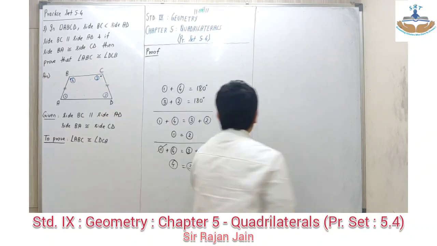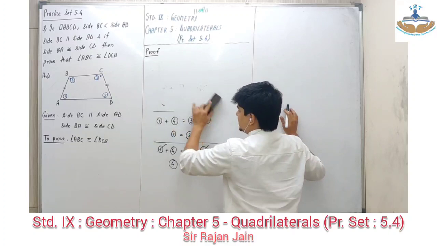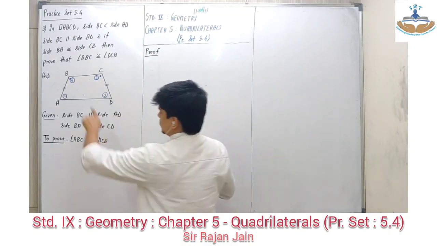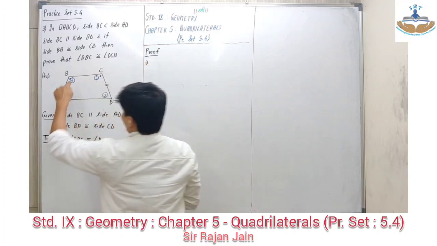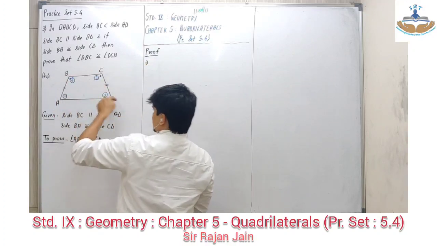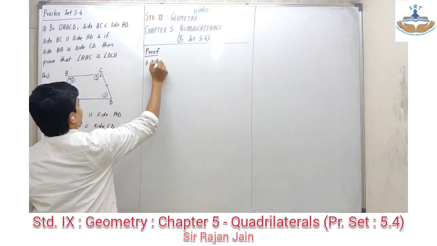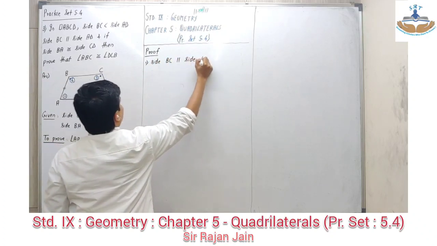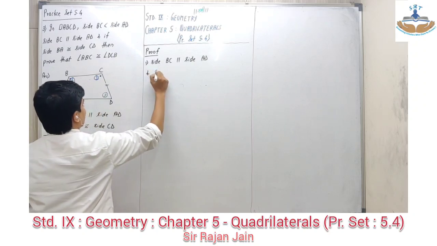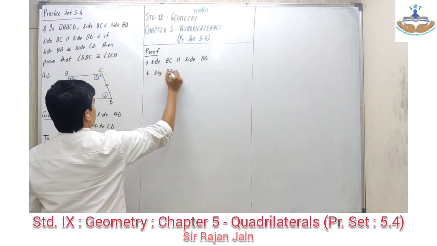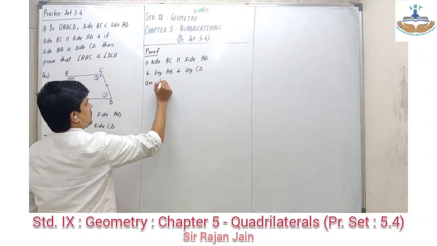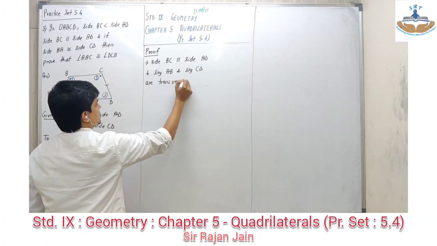Okay, but obviously in your solving part you cannot write these numbers. You have to make use of the names. Okay, I go by the same process. Look here. First I'll prove that this plus this is 180 and this plus this is 180. So for that I'll write side BC is parallel to side AD and sec AB and sec CD are transversals.